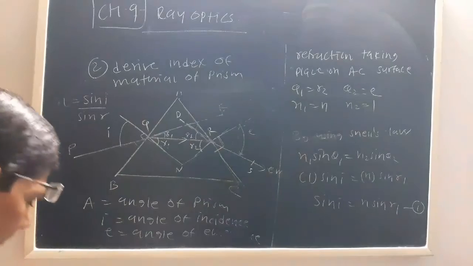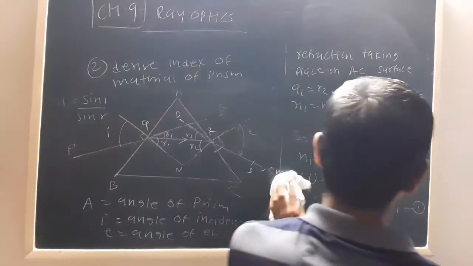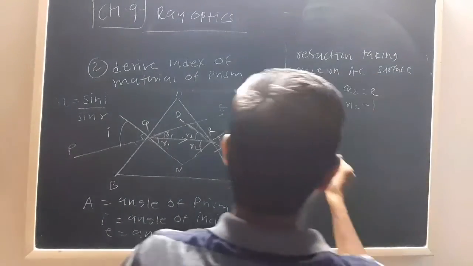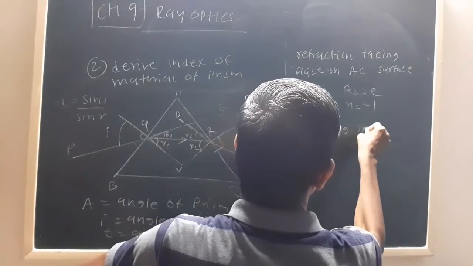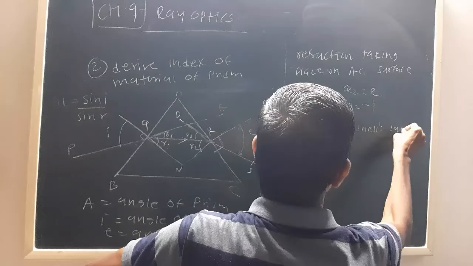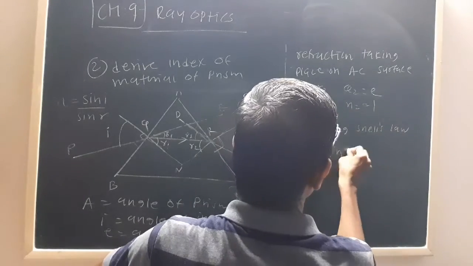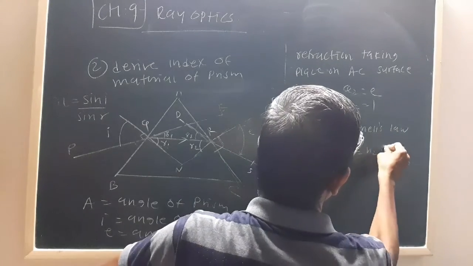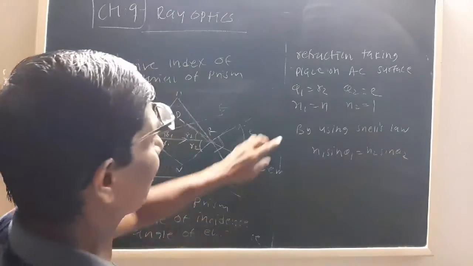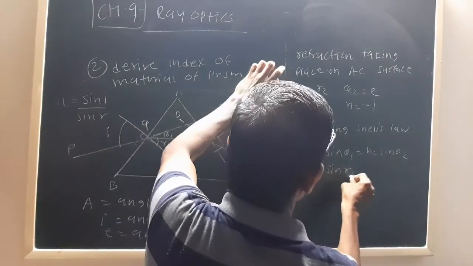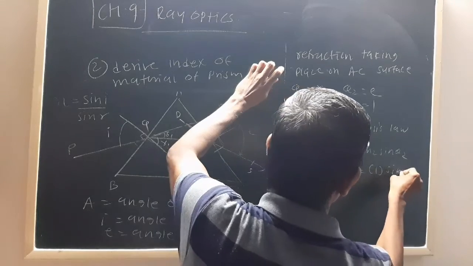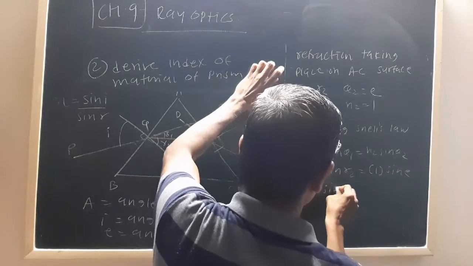Again, by using Snell's law, n1 sin theta 1 is n2 sin theta 2. Here n1 is n, theta 1 is r2, so 1 sin e is n sin r2.